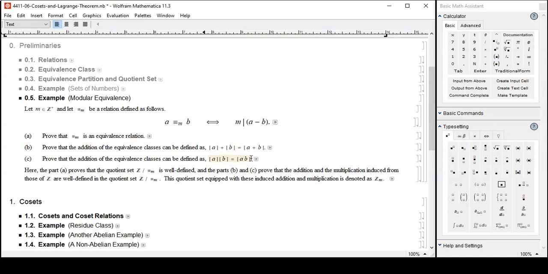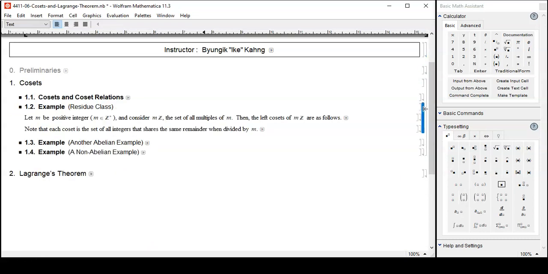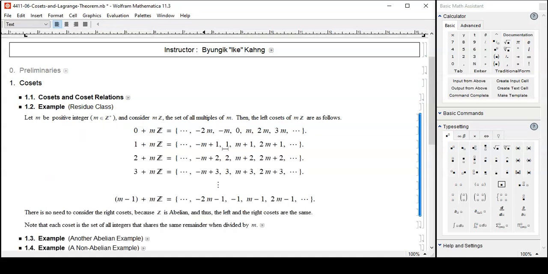We do not consider multiplication here. That's something we're going to do in ring theory, just addition only. And establish everything. Then we have the additive group Zm. Yes, we ended up with exactly the same thing, but using a little bit higher level language, using the cosets.